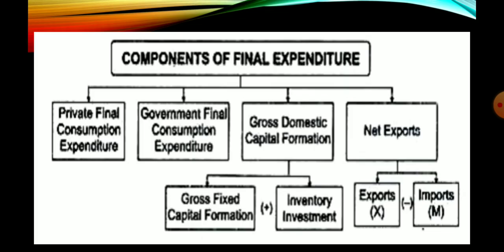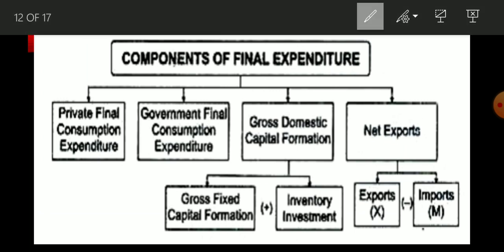Now, in this way, final expenditure is the sum total of C plus G plus I plus X minus M. C means private final consumption expenditure, G means government final consumption expenditure, I means gross domestic capital formation, and X minus M means the difference between export and import.